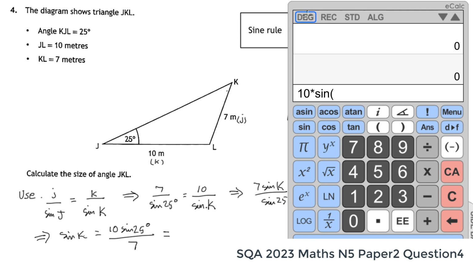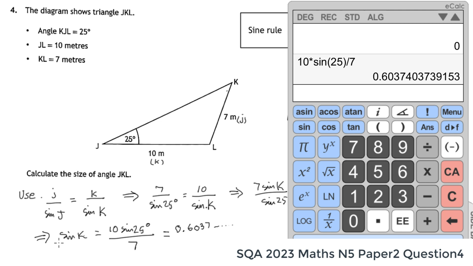Make sure it's showing a DEG, otherwise your answers will be wrong. So it's sine 25 degrees, and we have to divide by 7. So that gives us 0.6037, and so on. Now that's the sine of angle K.